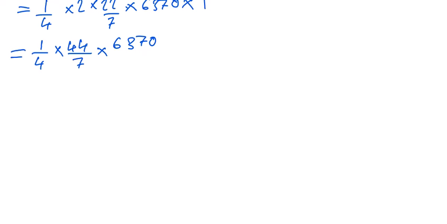Hence this is going to be equal to, so what's going to happen is this 4 can go into there, this is 1, then 4 into 44, this is going to be 11.